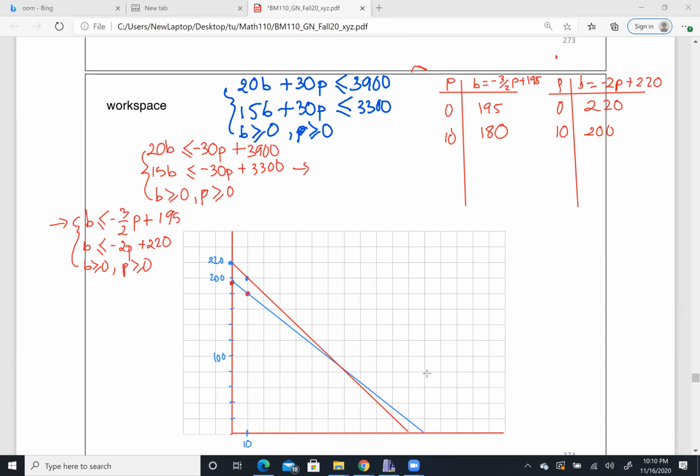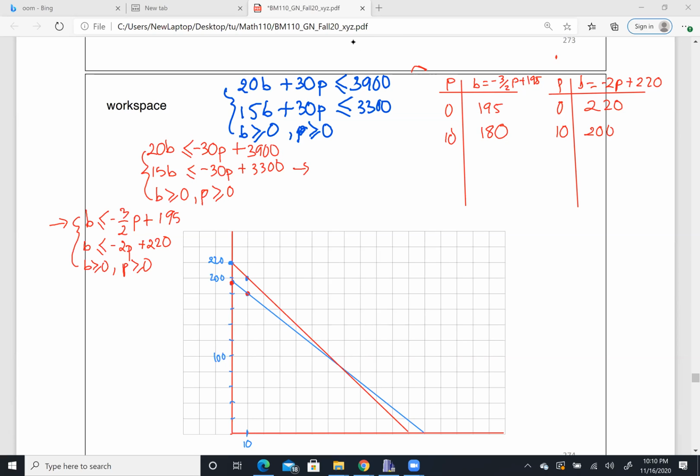And as we know from the previous solution, the feasible region is going to be the solution area.